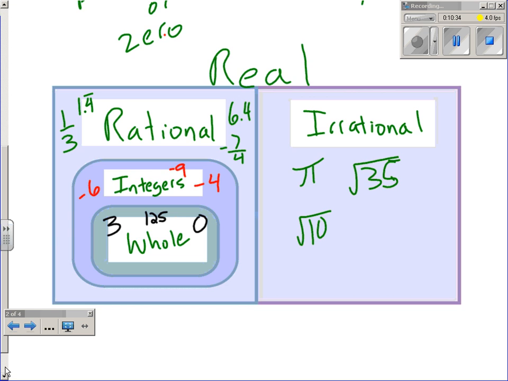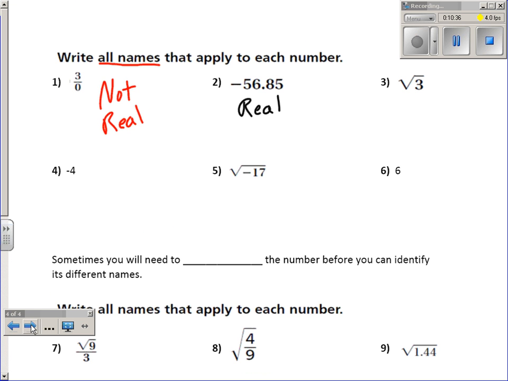So looking at this number, we know it is rational. It's rational because it terminates. That decimal stops. So that would be a rational number. Now from here, the next level would be, is it an integer? Now because there's a decimal, it's not an integer. So we would say that this number is only a real number and a rational number. We don't go any further.